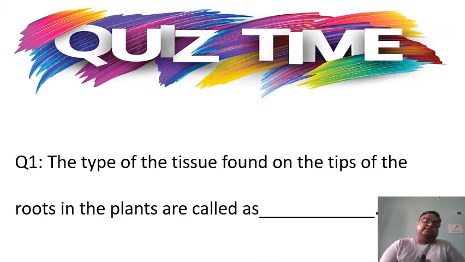Right. So this type of tissue is called meristematic tissues. Right, students? This type of tissue is called meristematic tissues.